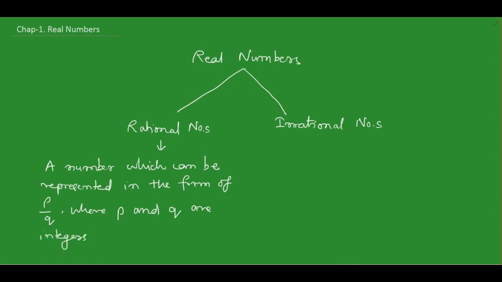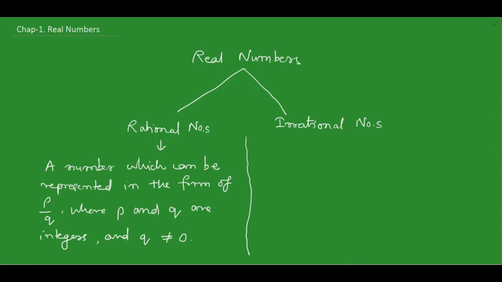Each and every word of this definition is important, and q is not equal to 0. Okay, this is the definition of rational numbers. And if we need to define irrational numbers, then simply, irrational numbers are those which are not rational numbers.